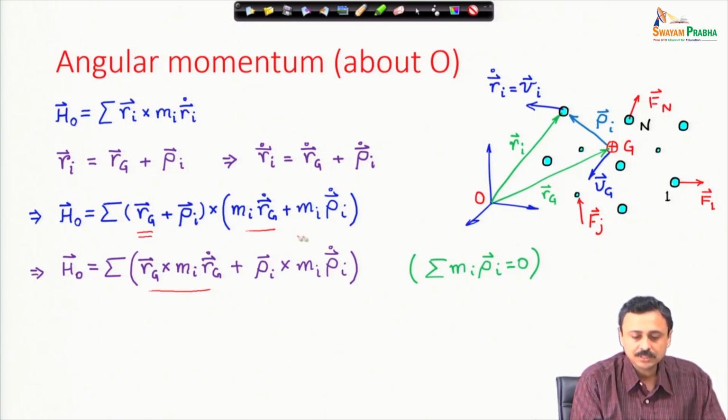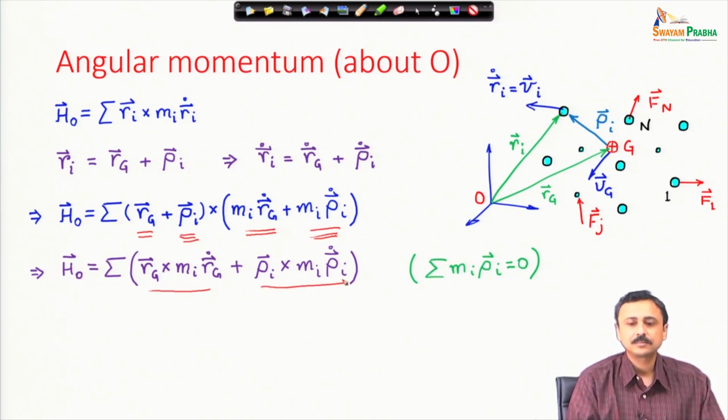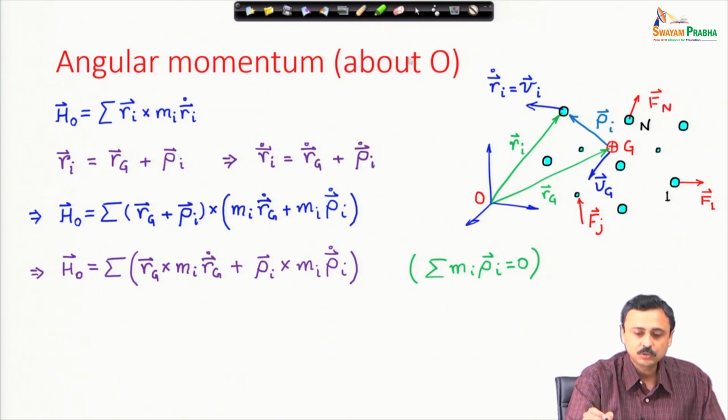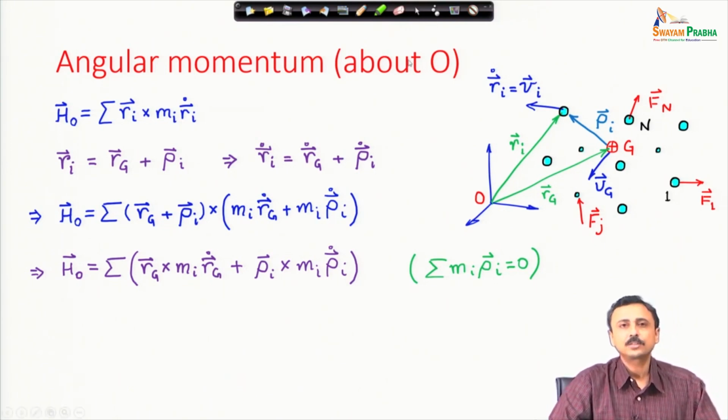When I do this cross product with the second term in the second bracket, I have the summation of m I rho I dot, which is 0, therefore that second term drops off. This cross this, once again I will get the summation of m I rho I, that is 0, therefore that also drops off. Then this one cross product with this one remains like this. Therefore, I have only these two terms in the expression of angular momentum about the center of mass.